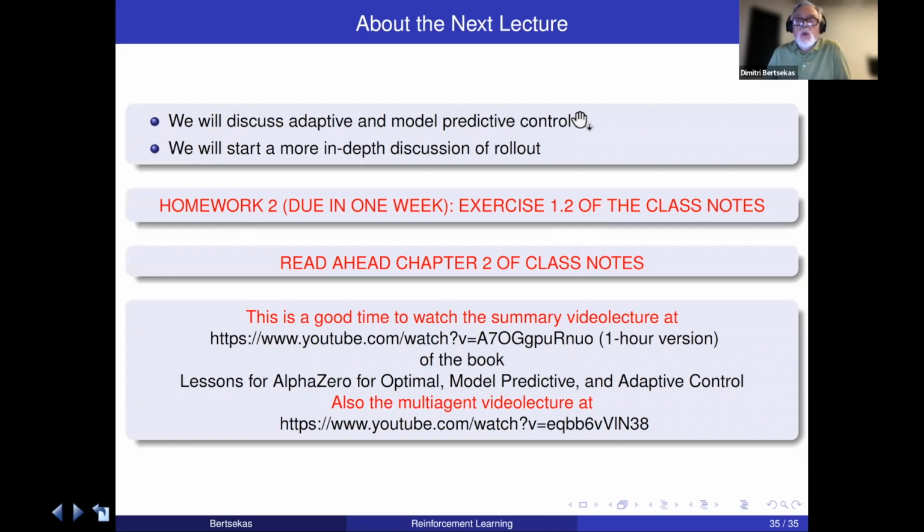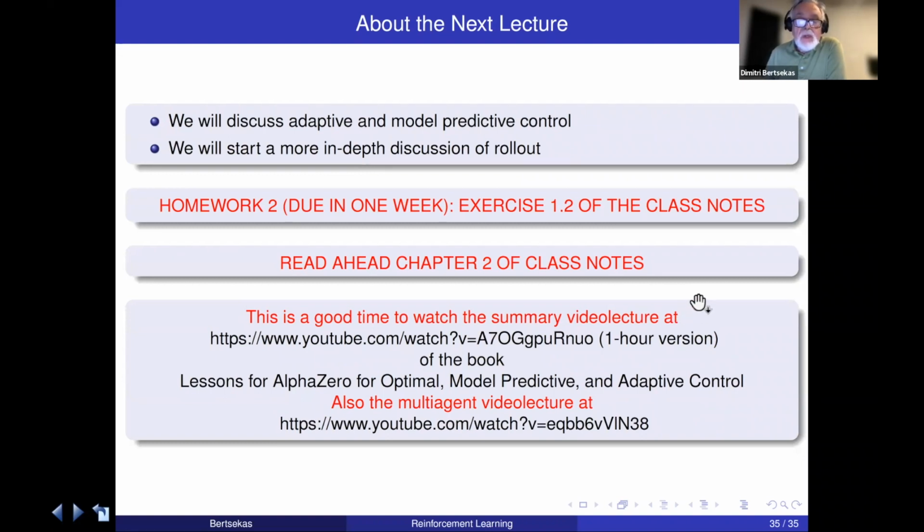After we discuss adaptive and model predictive control, we're going to be in chapter 2 territory, which starts with the discussion of rollout. And it would be a good idea to read ahead. And it's also a good time now to watch summary video lectures.